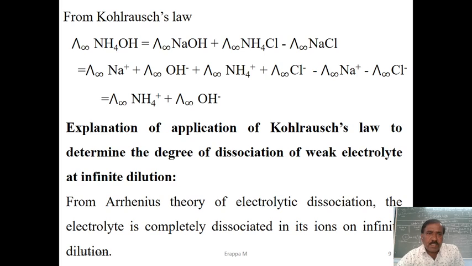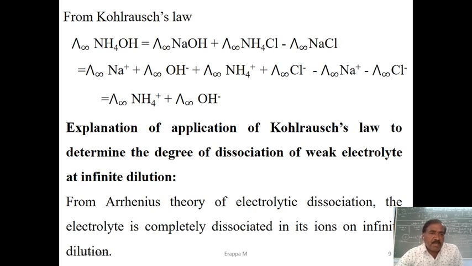Using Kohlrausch law, you can also calculate the equivalent conductivity of a weak base like ammonium hydroxide. Here also you have to take 3 strong electrolytes: one is NaOH, another is NH4Cl, and the last is NaCl.